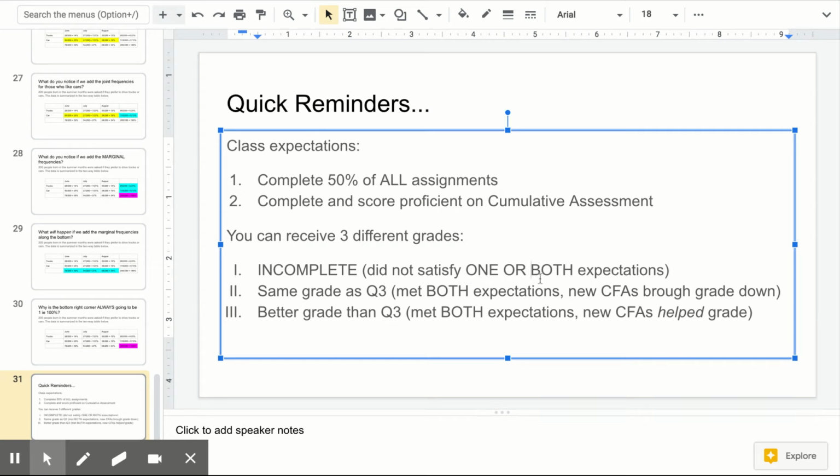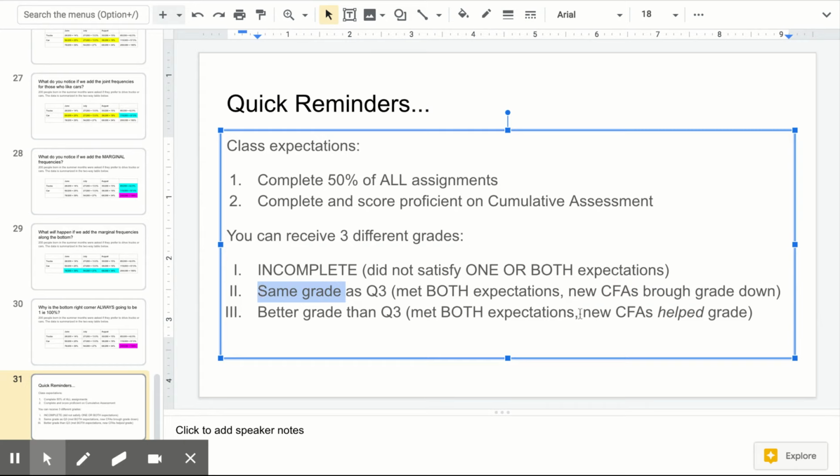All right. So say you do the majority of assignments, say you do go ahead and get that last assessment finished, then you can get either the same grade that you got in Q3 or a better grade. So if your third quarter grade ends up being better than the new one with all those new CFAs, so if all the new CFAs since we started doing distance learning bring your grade down, then you're going to be left with the same grade that you had in Q3.